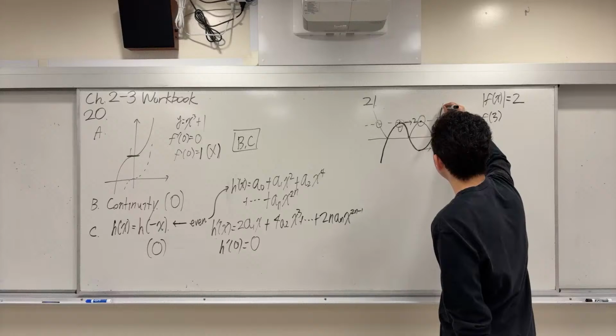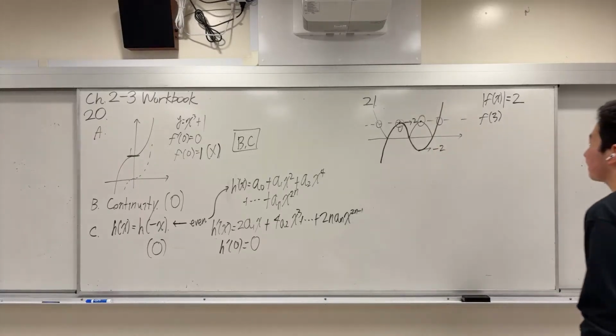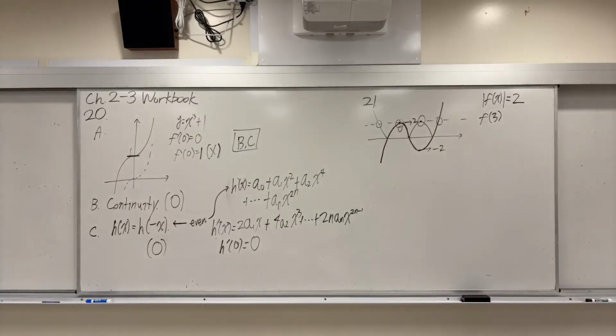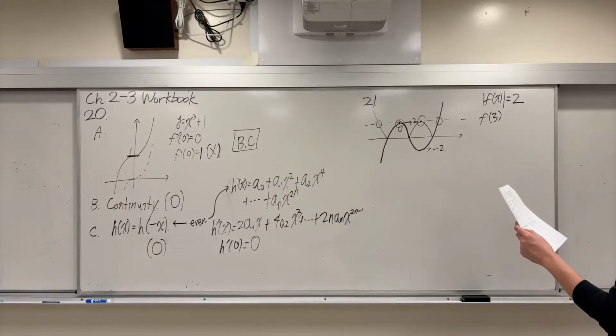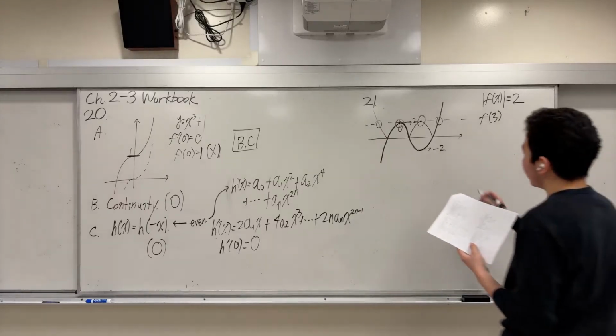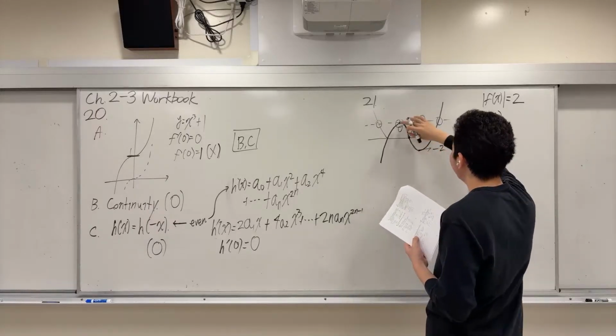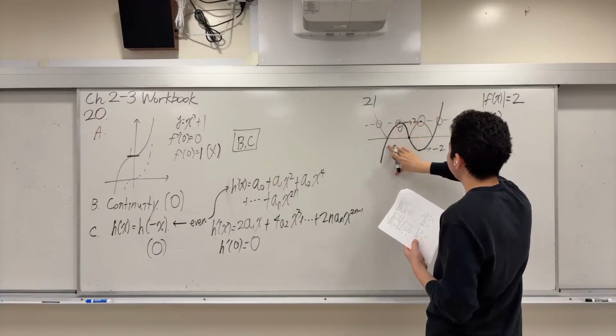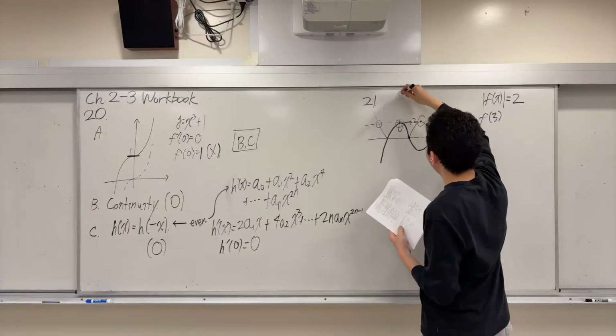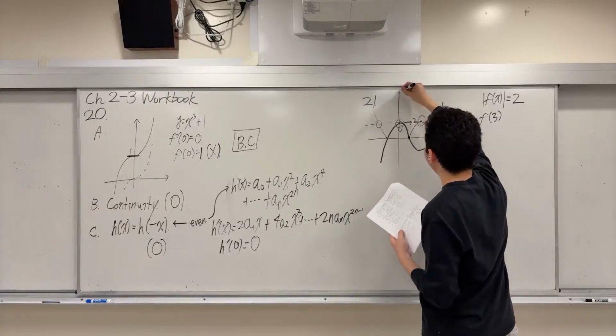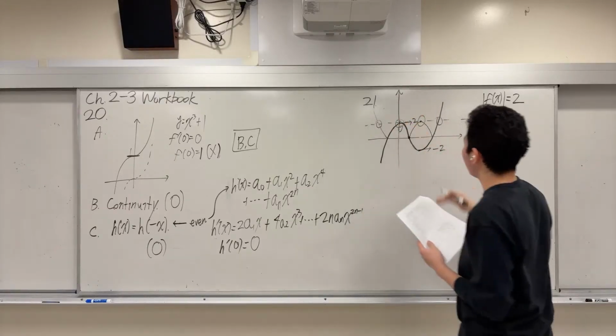Just keep in mind that this is the function that we're trying to find. Since we know all of these points, at x equals 0, we have 2. So we can draw out the full coordinates right now.